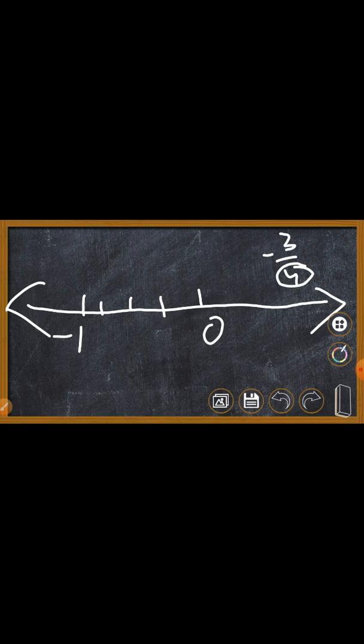Mine are not equal, but you are going to see that your marks are equal. Then you will start counting. This is your -1 by 4, this is your -2 by 4, this is your -3 by 4. So you will just count 3 places from 0, and you will get it over here. Understood? That place is your -3 by 4. You will put a bold dot over there.